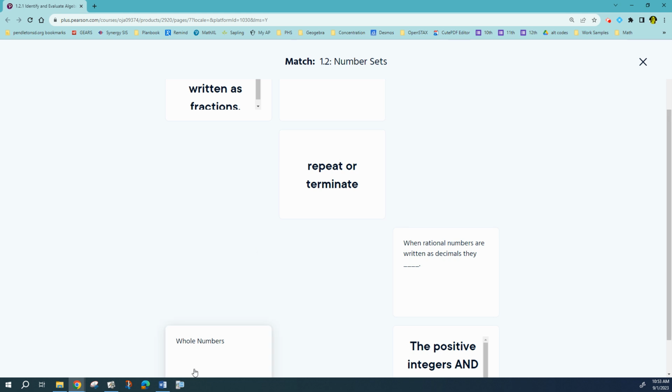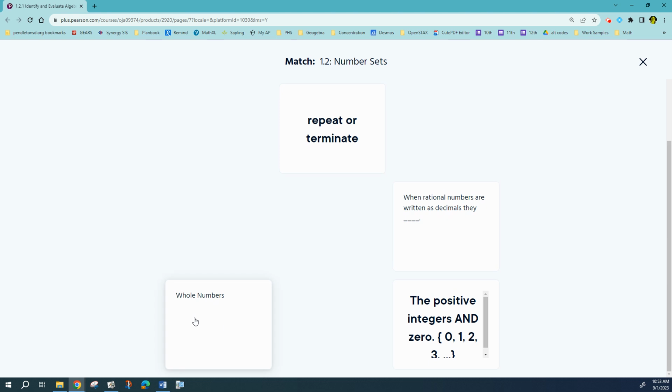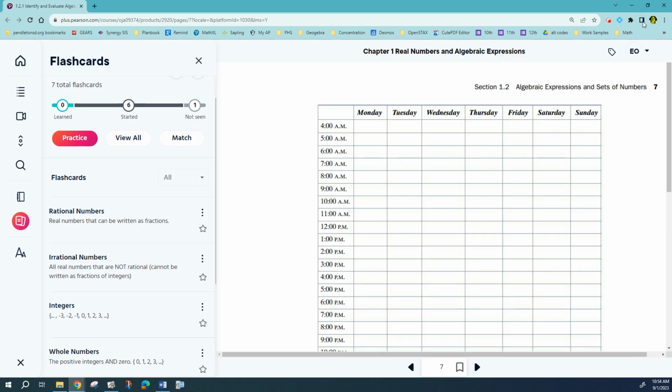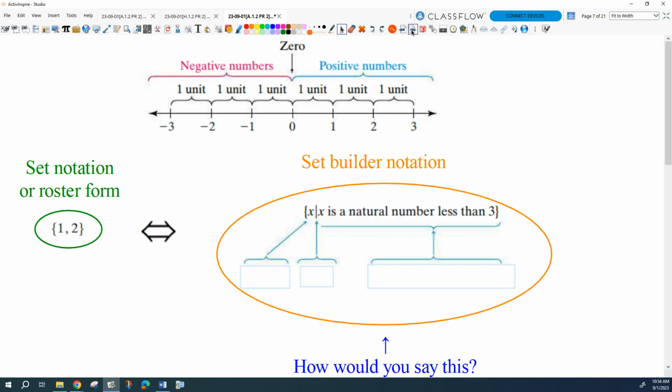Okay, how about whole numbers? And skip something.